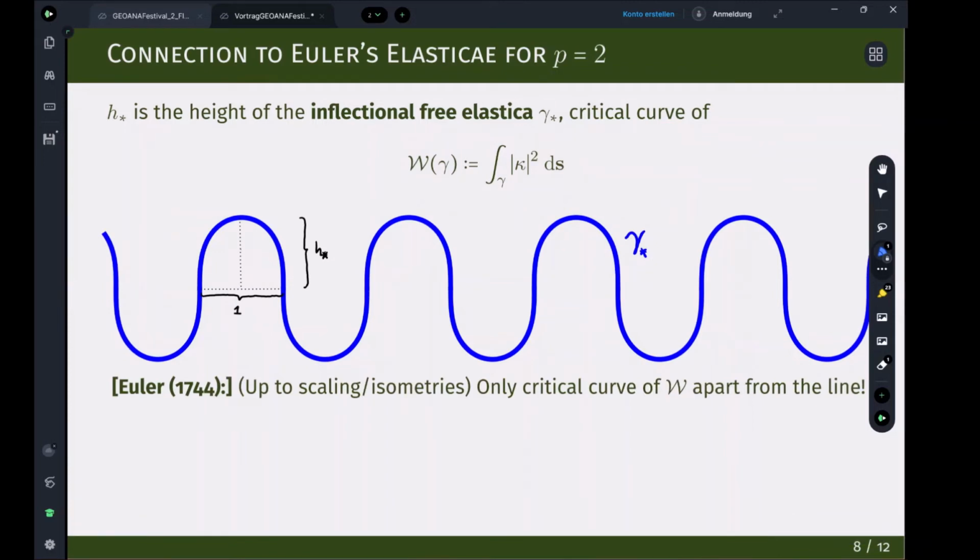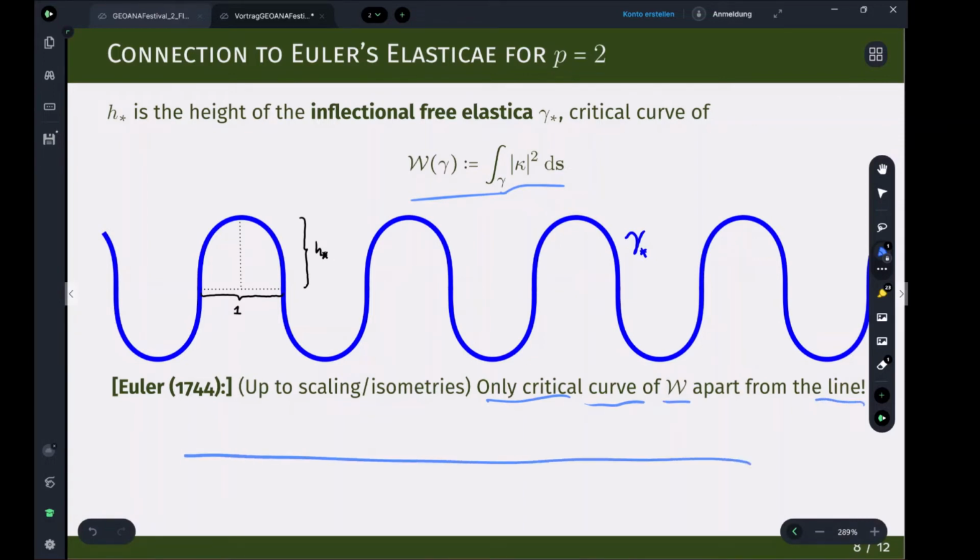What Euler already knew about critical curves of this energy is that this gamma star is the only critical curve of this energy apart from the line. So the line as a global minimizer is also a critical curve, but also this gamma star is a critical curve.